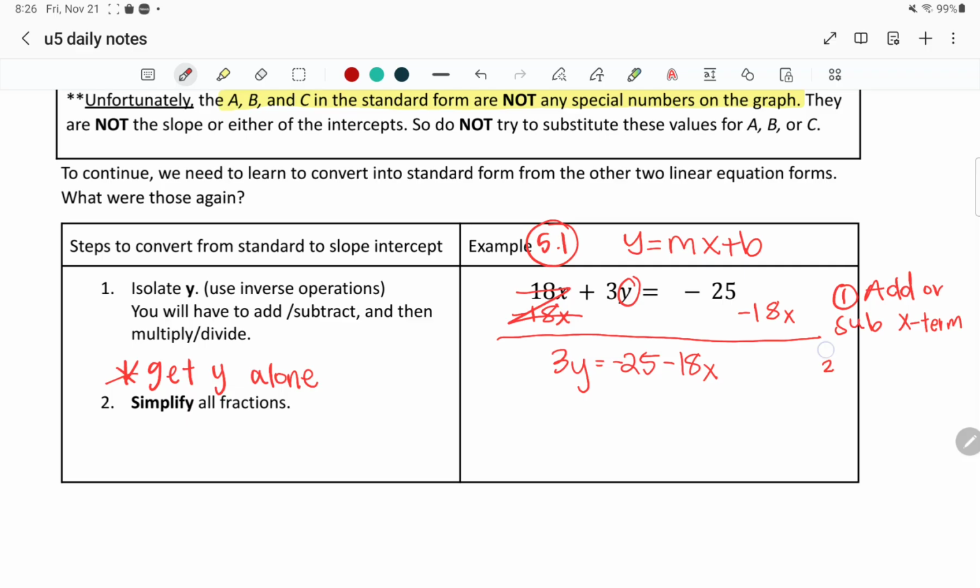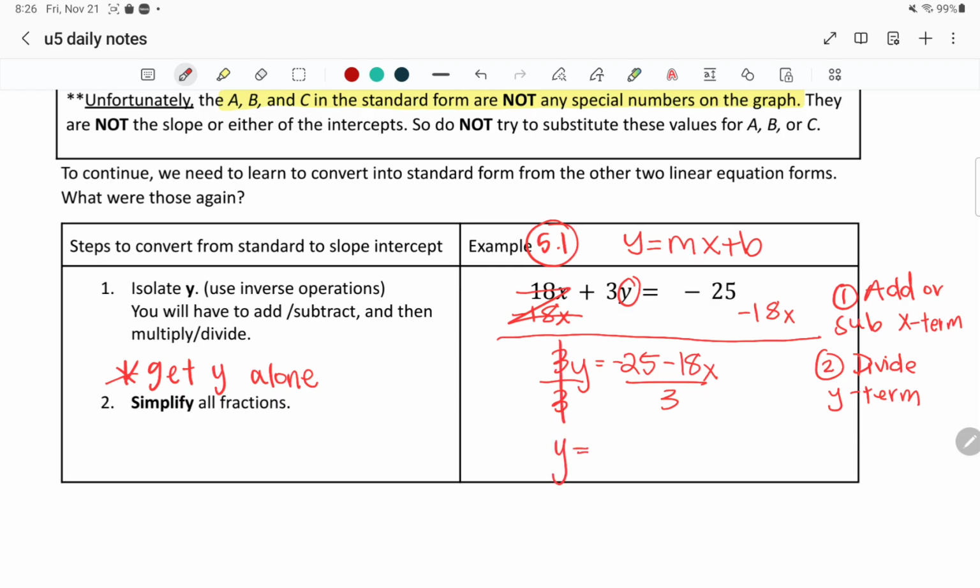And then my step 2, every time, is divide by the coefficient on y. We'll just say y term. So whatever the number is on y, if there is no number on y, then we're done. But if there is a number on y, then we're going to divide it to both sides.